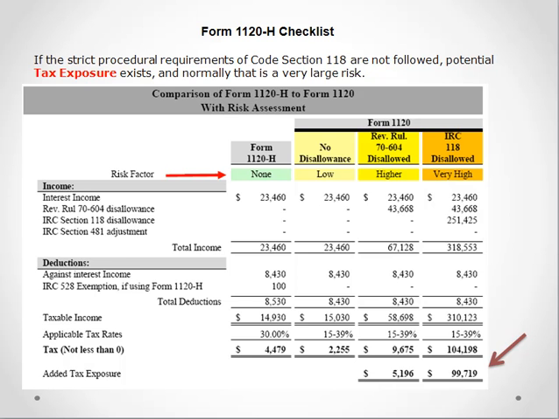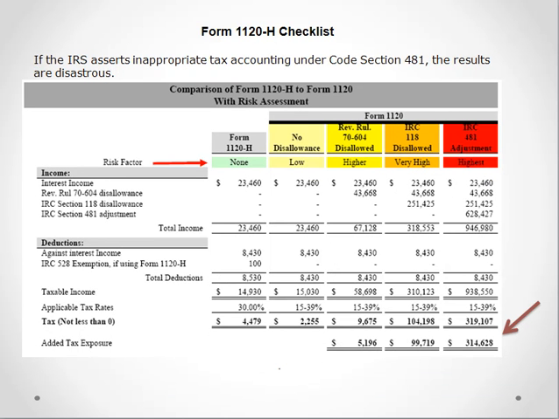But if the IRS has done that, it's a certainty that they are going to then assert inappropriate tax accounting under Code Section 481. And then you've got some disastrous results, because now your attempt to save $2,000 has just cost you $314,000 of additional taxes. How can that be?